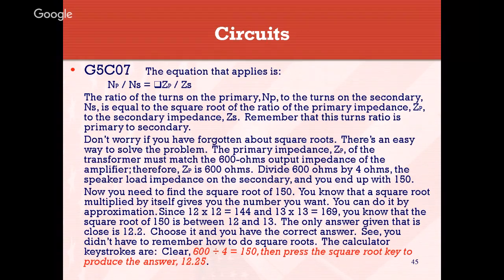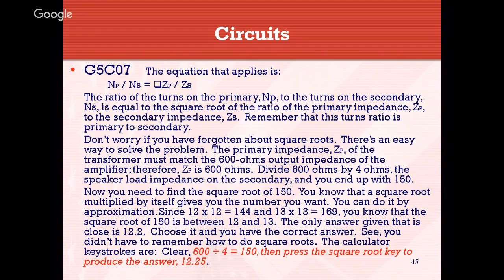If you find the square root of 150, you know that a square root multiplied by itself gives you the number you want. So you can do it simply by approximation. Since 12 times 12 is 144, 13 times 13 is 169, you know that the square root of 150 is going to be between 12 and 13. So the only answer given that is close to this is 12.2.